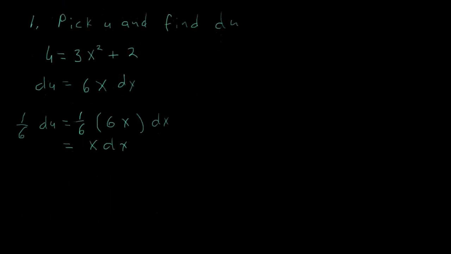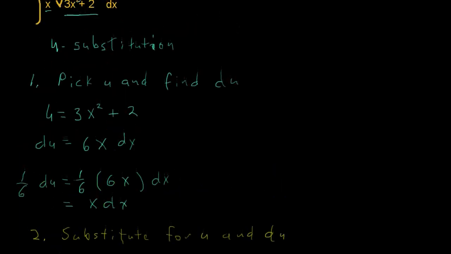What's the second step? The second step is to substitute for u and du. I don't know if it's substitute for or put u in place of, but anyhow I think you know what I mean.